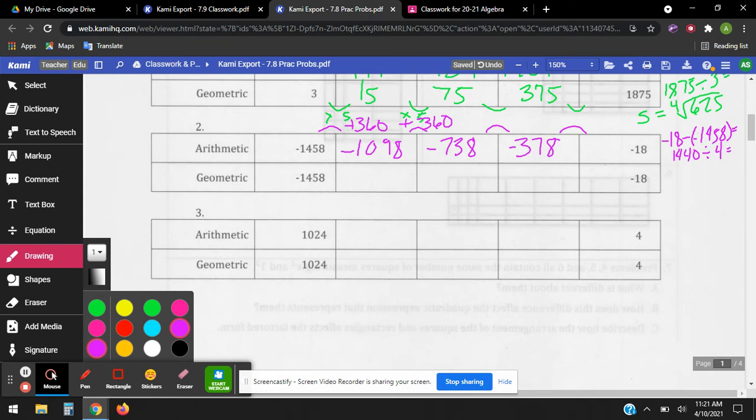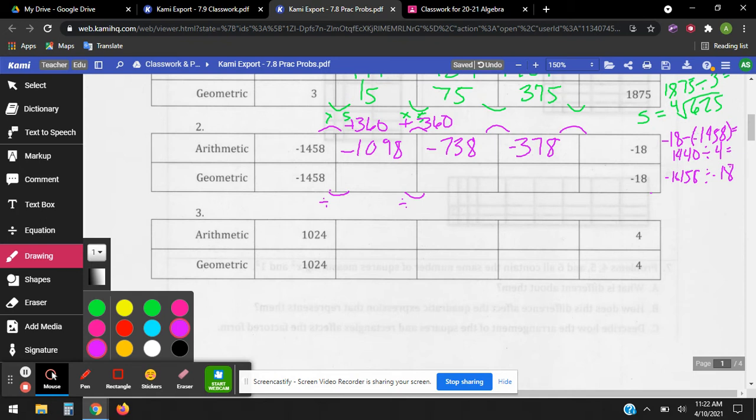All right, so now I'm actually going to do it opposite because I don't know necessarily what my fractions will end up being. So I'm going to do a negative 1458 divided by negative 18. So this actually will make this a division because I know I've got to get this smaller, but I just need to figure out what my fraction is in here.